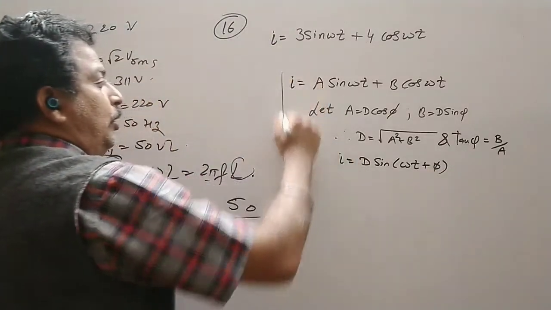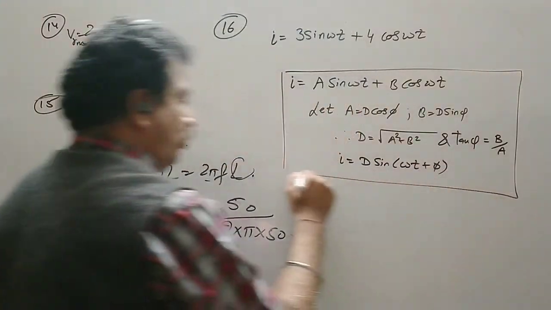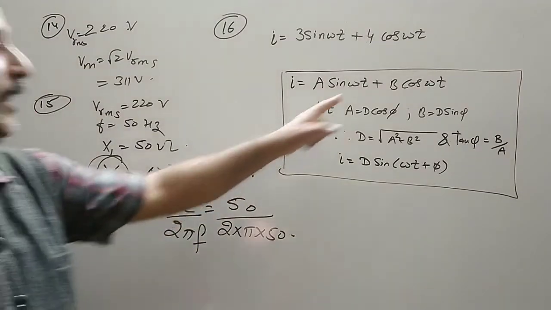This is how we convert the combination of sine and cosine, if we have a plus sign here, into a single sinusoidal function.